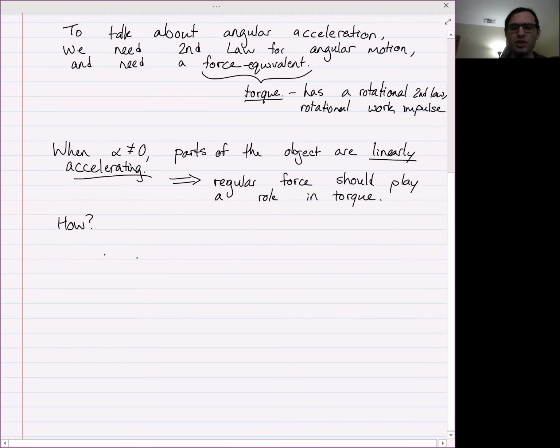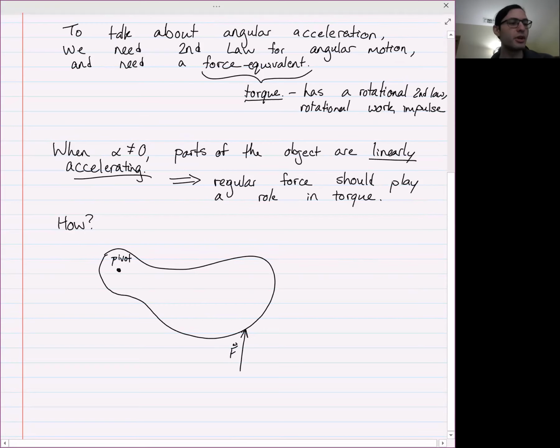So I'm just going to draw an object. Let's say that there's a pivot point here. And let's say that we apply a force, say, this way. Right? So I'm going to draw a vector, and I got to do this right.